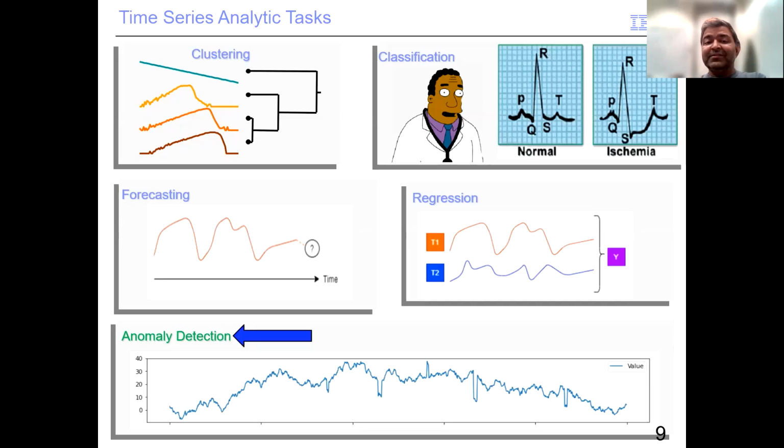You can categorize the different analytical tasks broadly into two categories, supervised and unsupervised. Clustering and anomaly detection mostly fall in unsupervised use cases, and they are considered more difficult problems than the supervised problems.